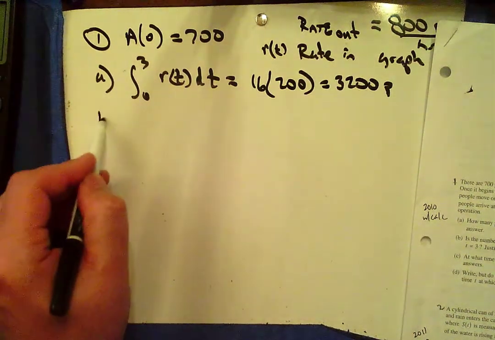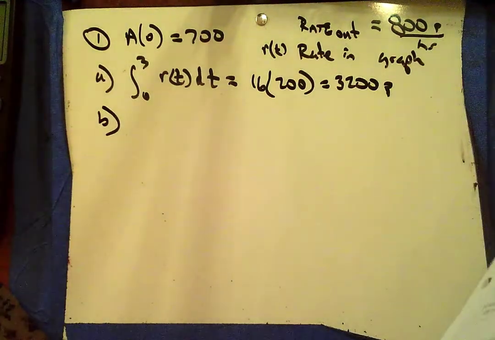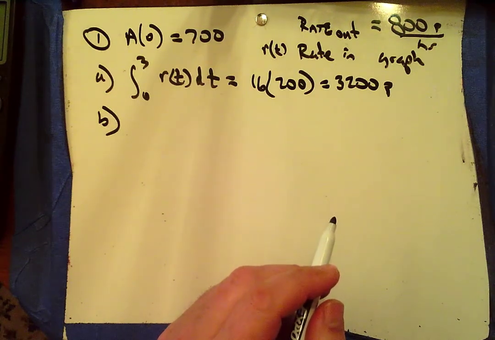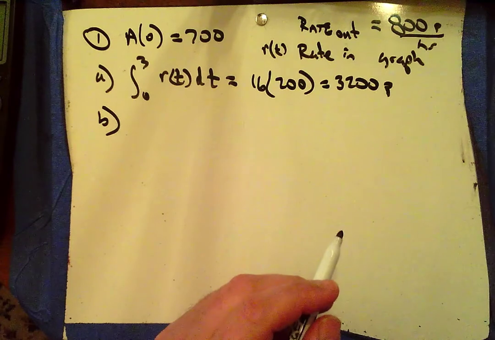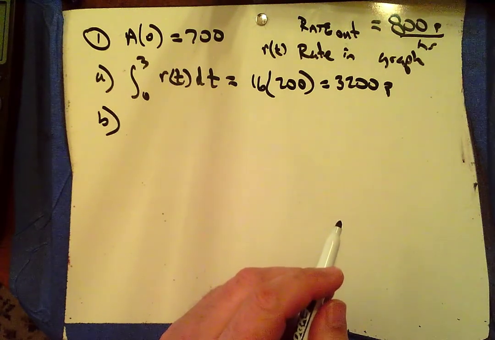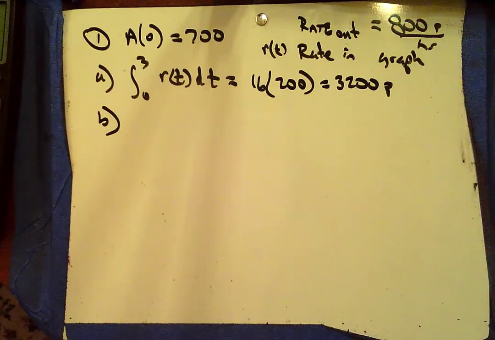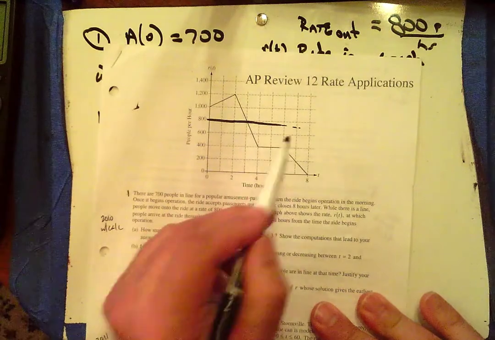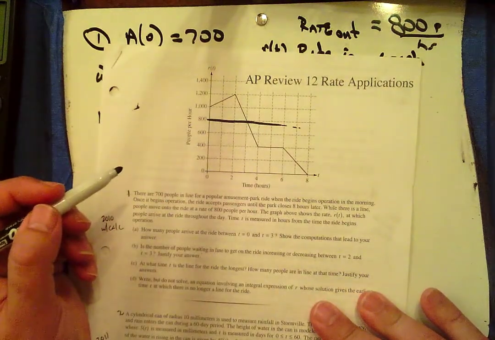Okay, part B. Is the number of people waiting in line increasing or decreasing between 2 and 3? Justify your answer. Well, I can do this 2 different ways. The first way, graphically, here's the line y equals 800.